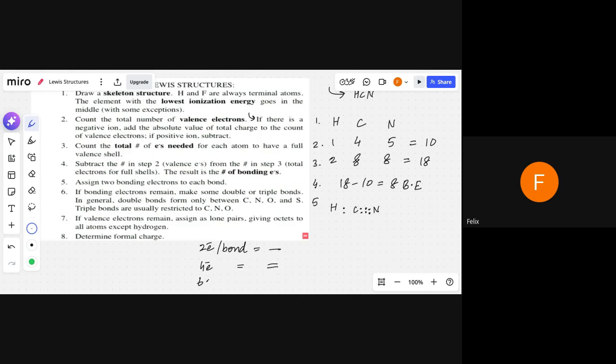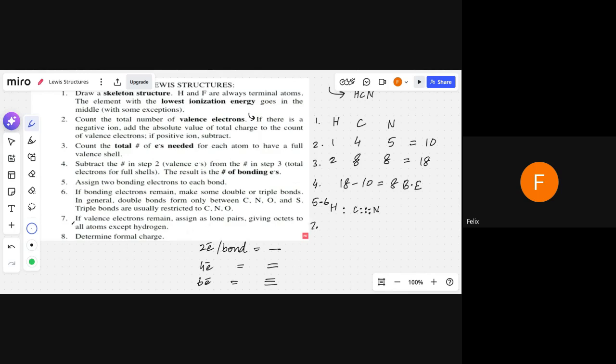And if 6 electrons are shared, that means it will be a triple bond, right? So here between carbon and nitrogen, 6 electrons are shared, so that is a triple bond between carbon and nitrogen. Now we have applied rule number 6. Rules 5 and 6 we assign simultaneously, and then we move on to rule number 7.